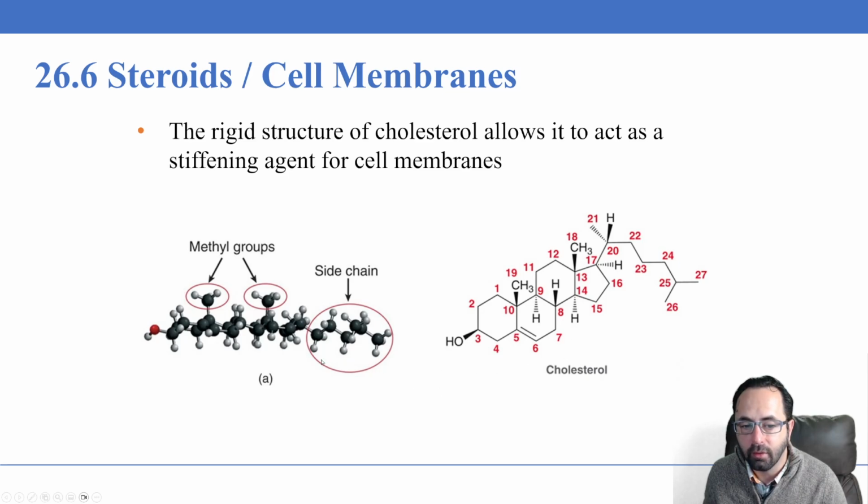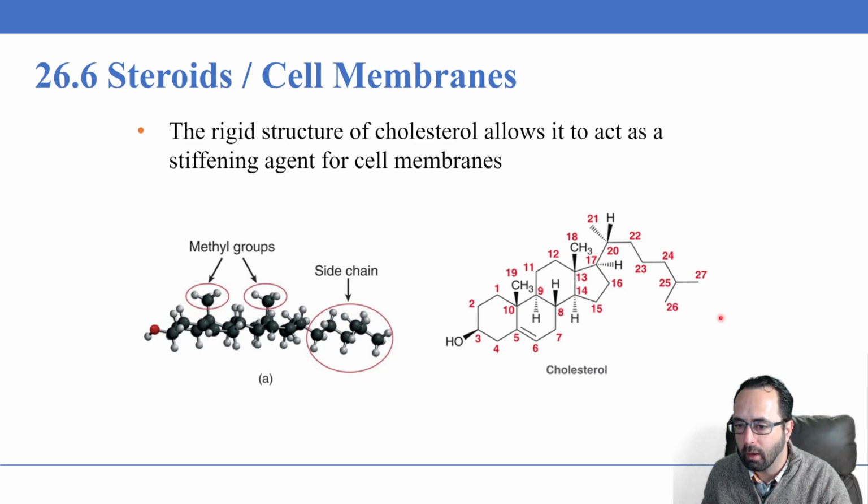If we're looking at cholesterol, most of this ring here is these joined trans-connected cyclohexane rings that all end up being in this flat conformation. We have the hydroxyl group here on the cholesterol sticking out on the end. We have two methyl groups that are in the axial positions here. And then we have a side chain here.